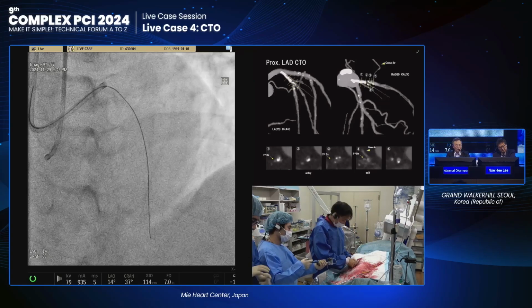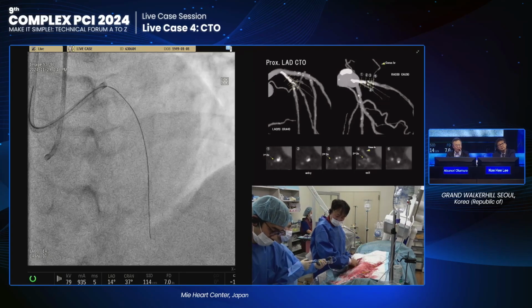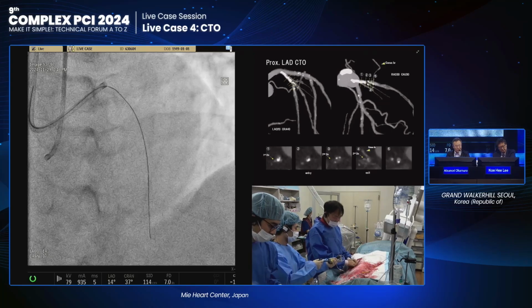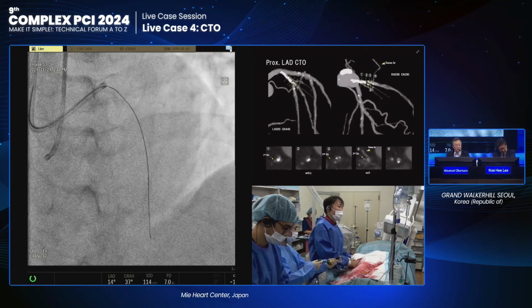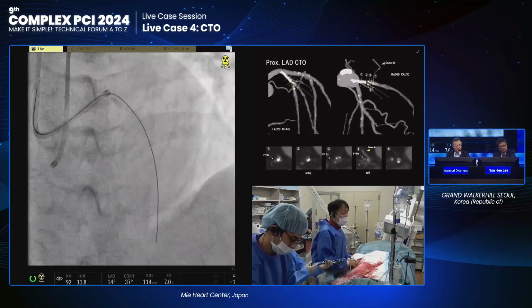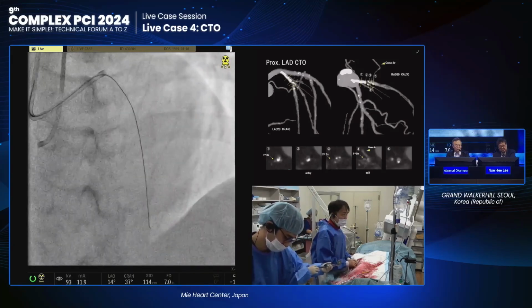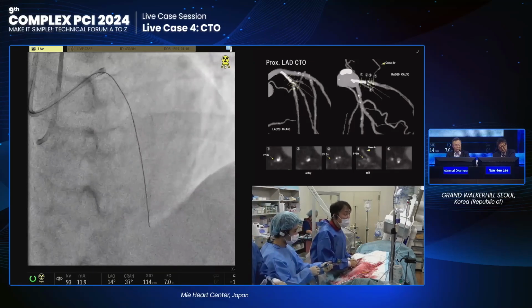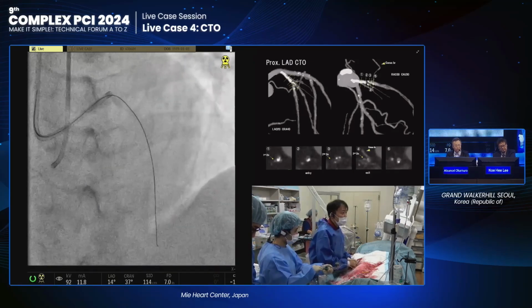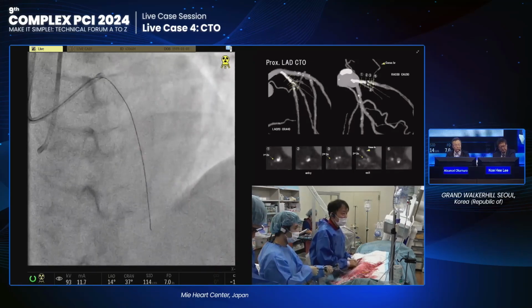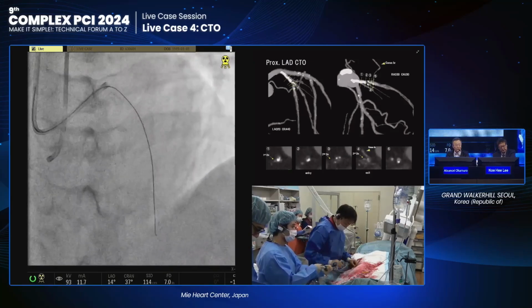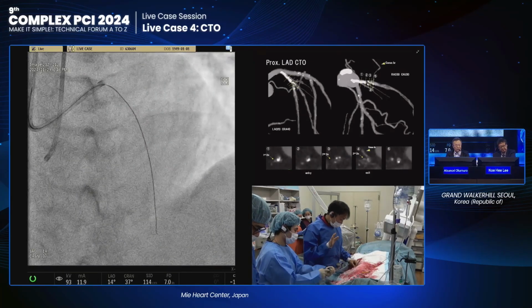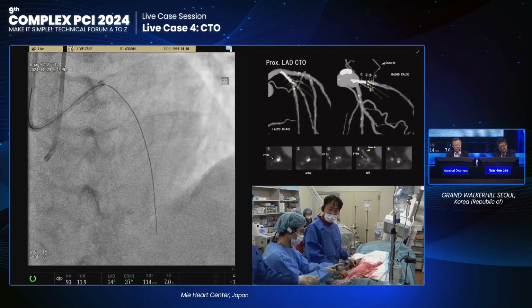I expected the region is not so hard, and also I prefer the bigger inner lumen microcatheter. As you know, the Caravel's imaging quality is better than the Corsair. That's why I selected the Caravel today. But the Caravel could not pass, so I used the 1.0 balloon.